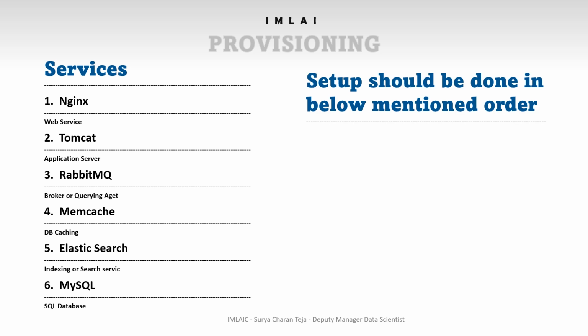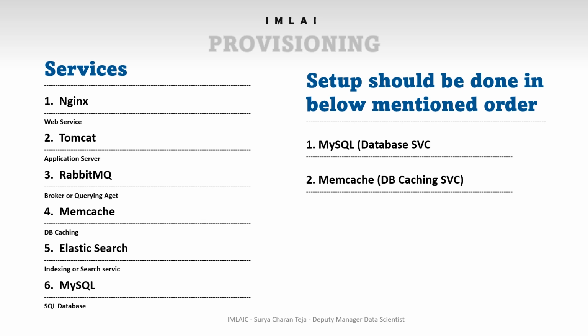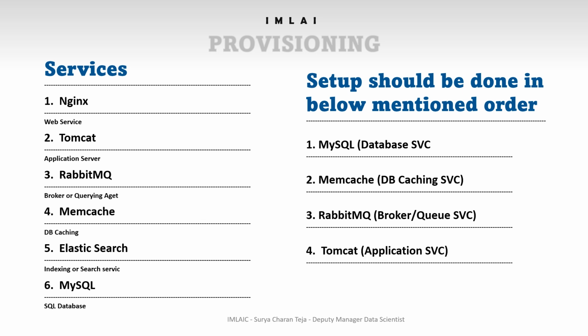The setup should be done in the order mentioned below. We'll begin with MySQL, the database service, then Memcache, the DB caching service, and RabbitMQ, the broker or queue service, then the Tomcat application service, and Nginx, the web service.